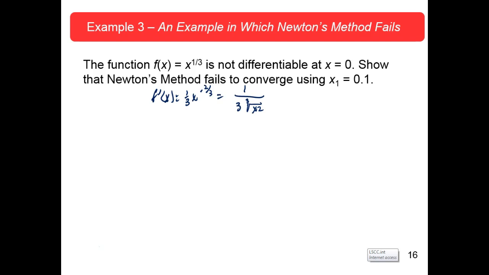So we'll use x sub 1 is equal to 0.1. Okay? Your x sub 2 would then be 0.1 minus f of 0.1 divided by f prime of 0.1.